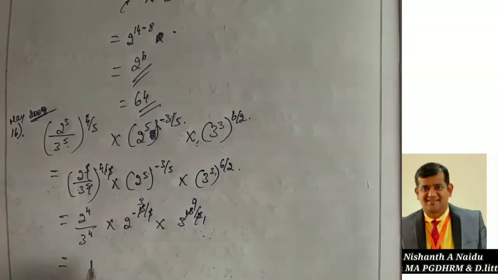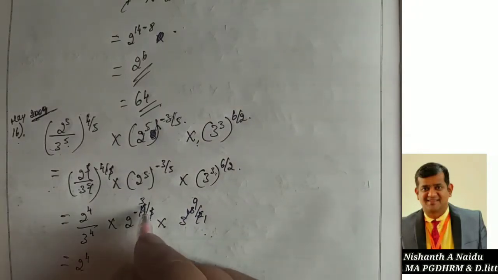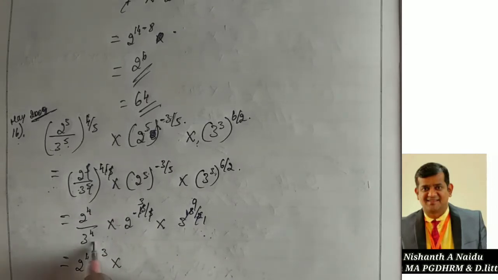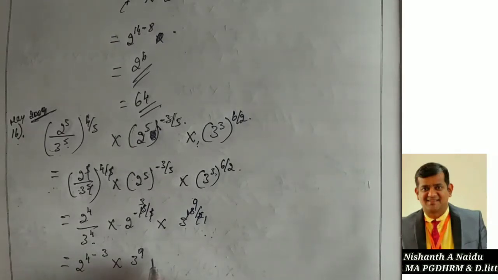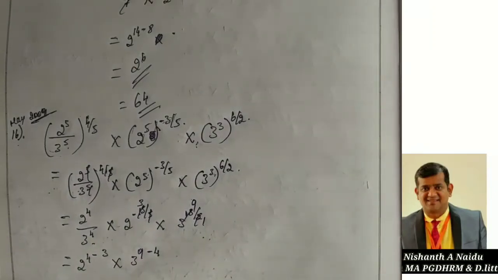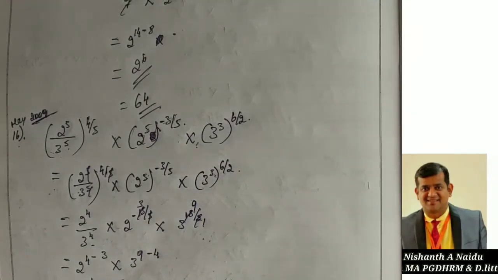So now we have this. 2 to the power of 4 minus 3 is there, into 3 to the power of 9 minus 3 to the power of 4. So that is 2 to the power of 1 into 3 to the power of 5.